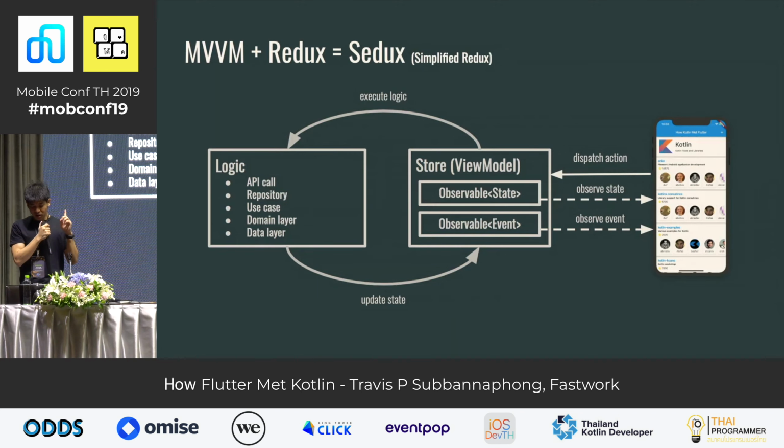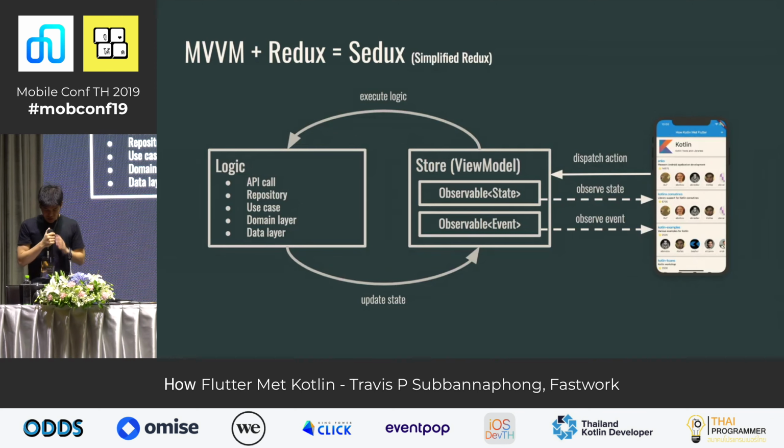Now, what is store? So it's kind of like a view model, I guess. And in the real Redux, when the store got an action, it would go through the middleware and the reducer, right? But since this is a simplified version, we just do things in the store. And then the store would execute the logic, whether it be a simple API call, or you would abstract it into a repository, or you have the whole clean architecture set up here.